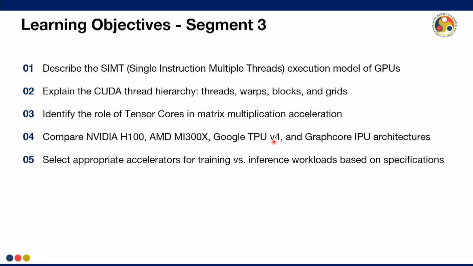From the GPU side, we will also look at the Tensor cores, which are very essential in AI workloads. So we will see the spectrum of AI accelerators available in the market, and also understand what exactly is appropriate for which workload.